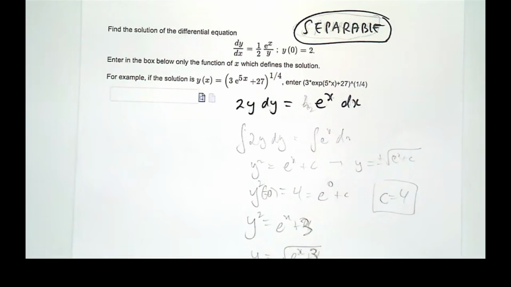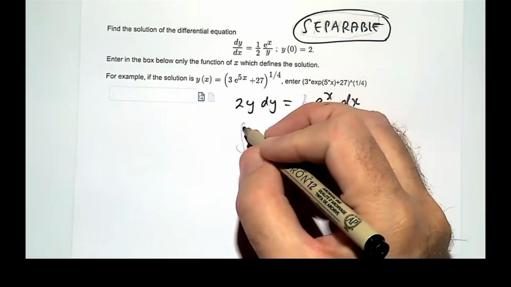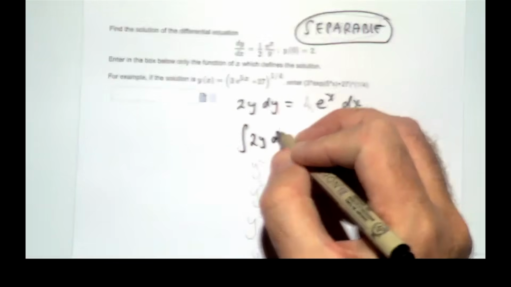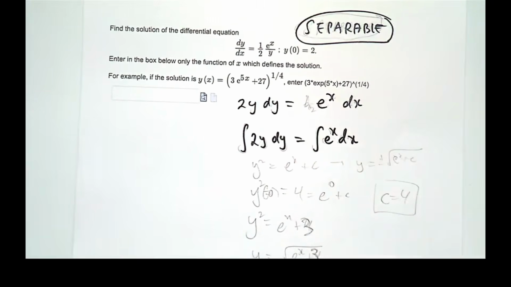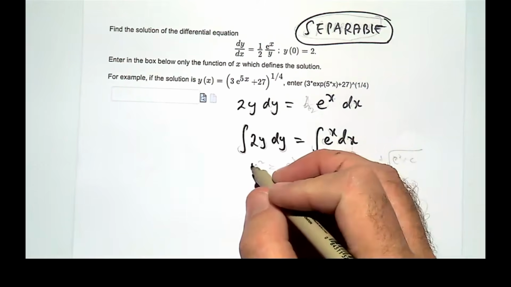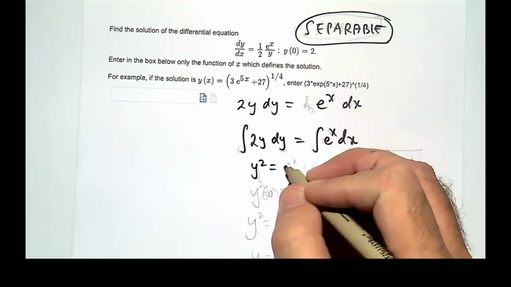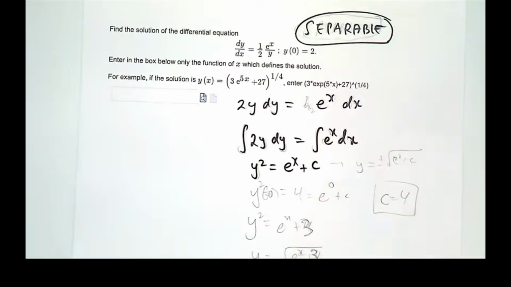So it's a bit like the exact method that I'm showing you, but it's a little bit different. So remember, with separable problems, you separate the variables and then you integrate. So over here I'm going to get y squared. Over here I'm going to get e to the x plus c.